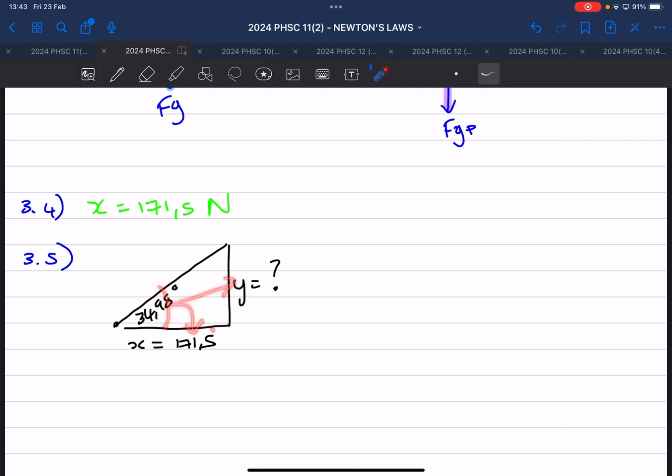Tan. The tan of theta is y over x, so opposite over adjacent.